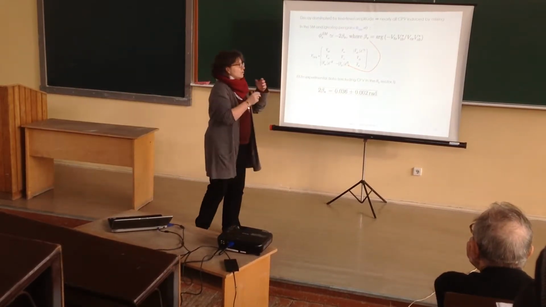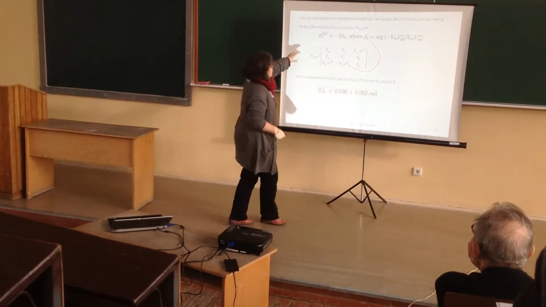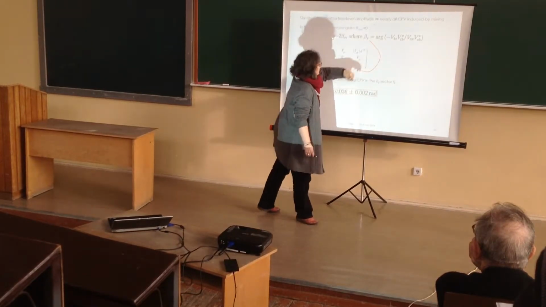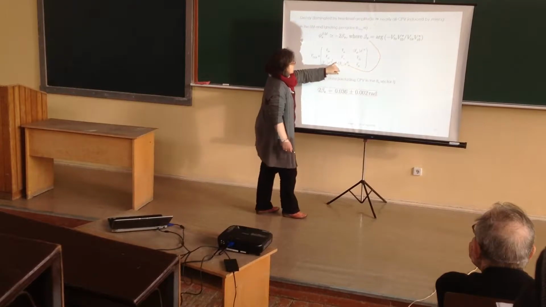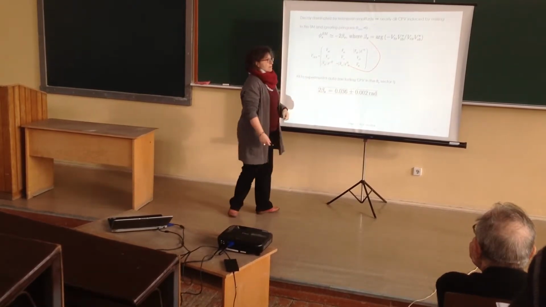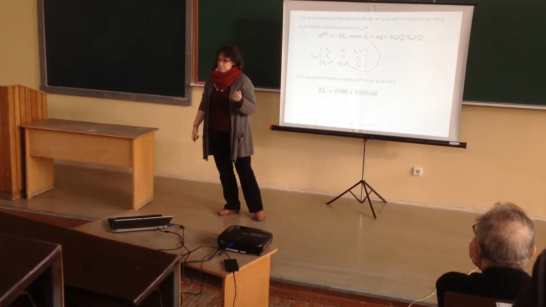And in fact, if you look at the CKM matrix element, you can see that this angle phi s is linked to the phase of this element, which is, according to the standard model prediction, extremely small.